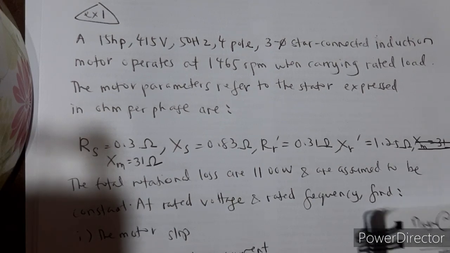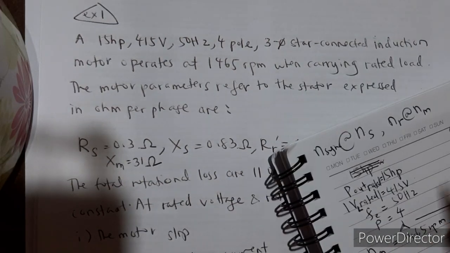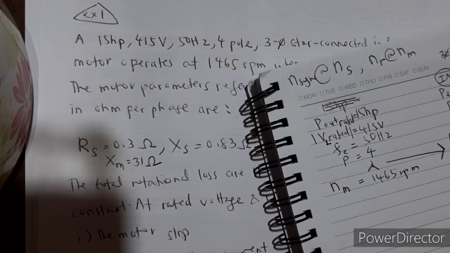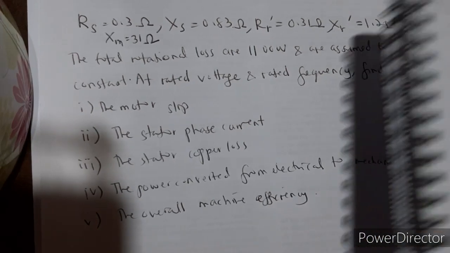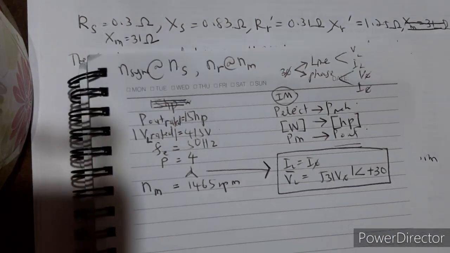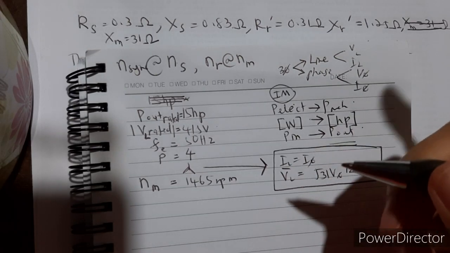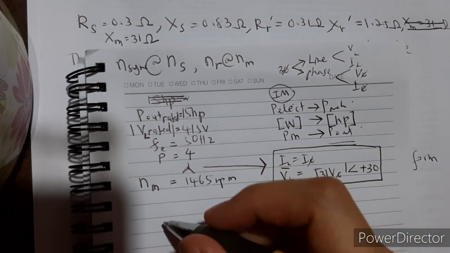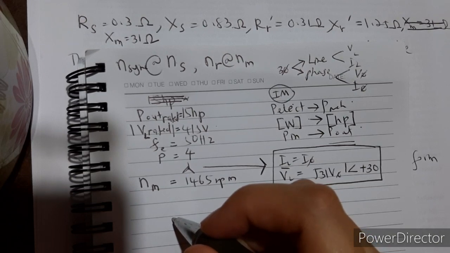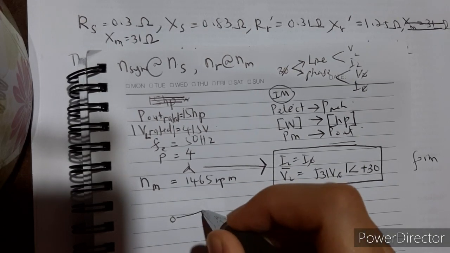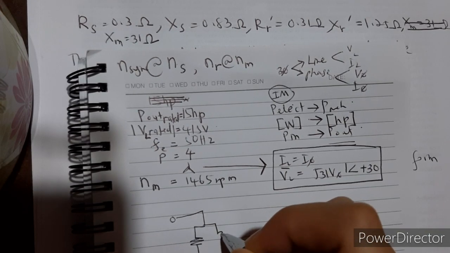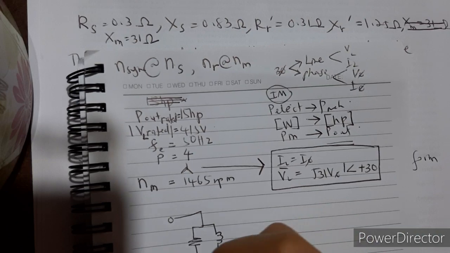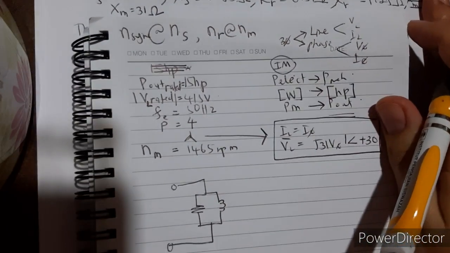If it's for me, I would suggest you sketch the equivalent circuit first based on the values and label them. For induction it's very simple, because we only use one approximate equivalent circuit.